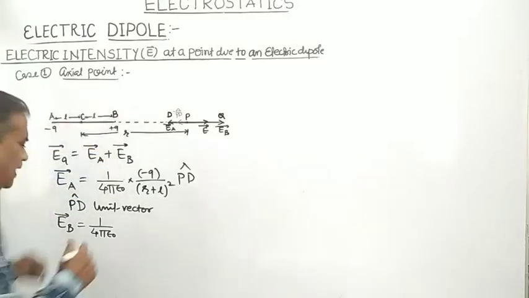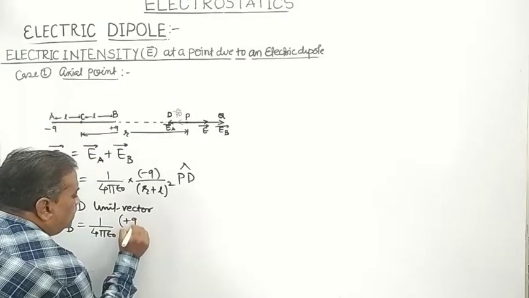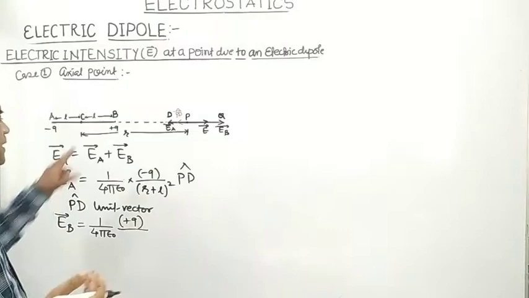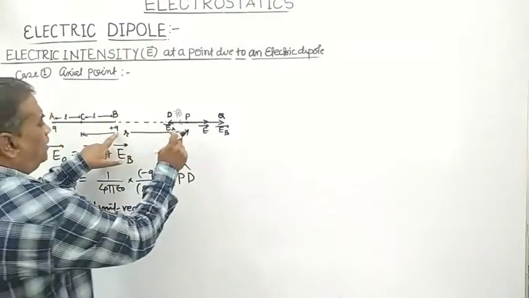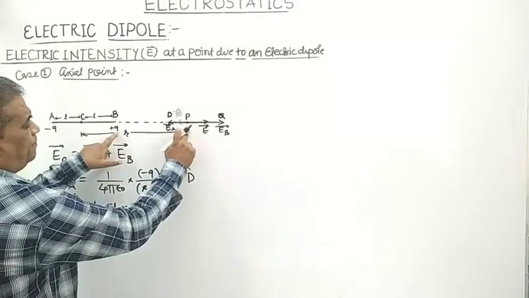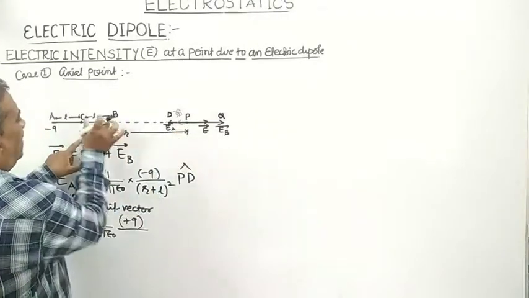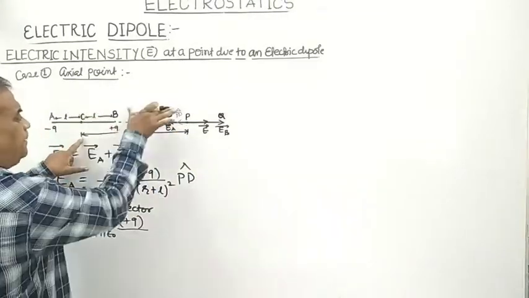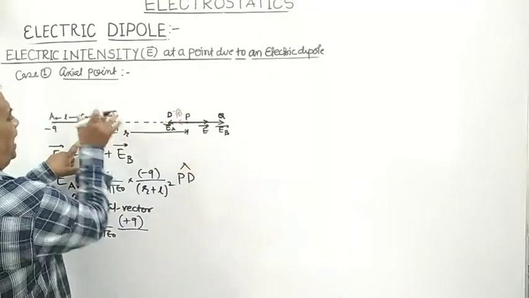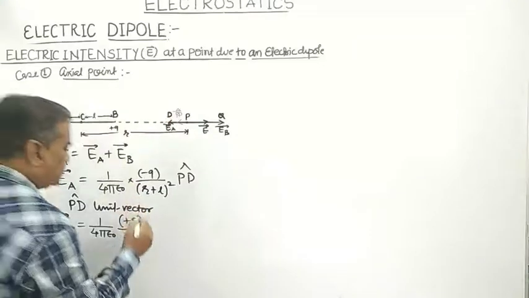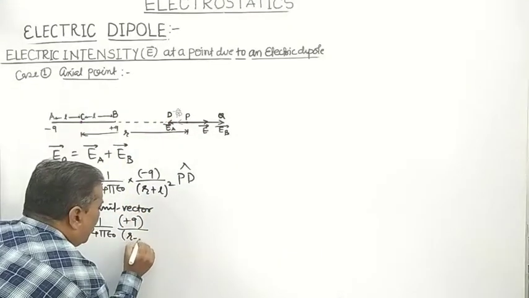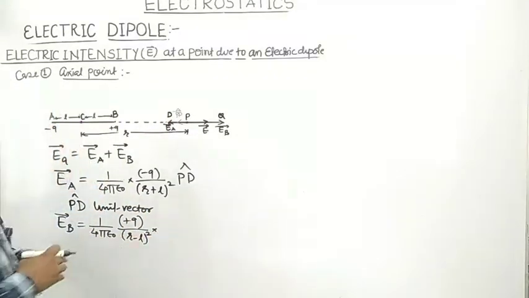What is the charge at point B? It is plus Q. And what is the distance of that charge plus Q from the point P? I want to calculate distance BP. So, BP equal to PC minus CB, that is R minus L, will give you the distance. So, R minus L whole square into.